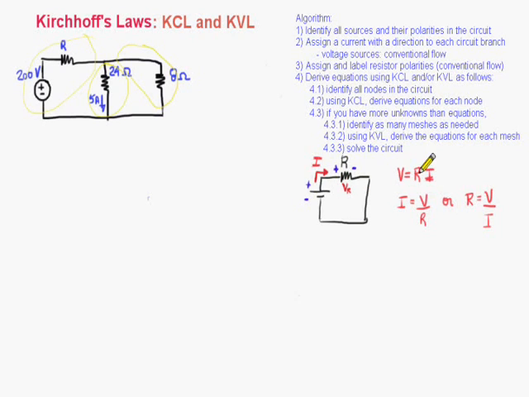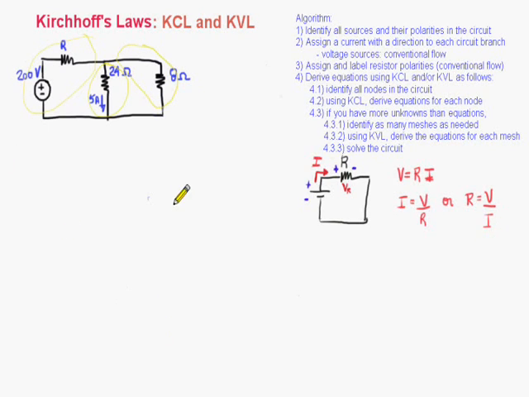Here we have Ohm's law, V equals R times I. If we solve for I, we have I equals V divided by R. Or if we solve for R, we have R equals V divided by I.